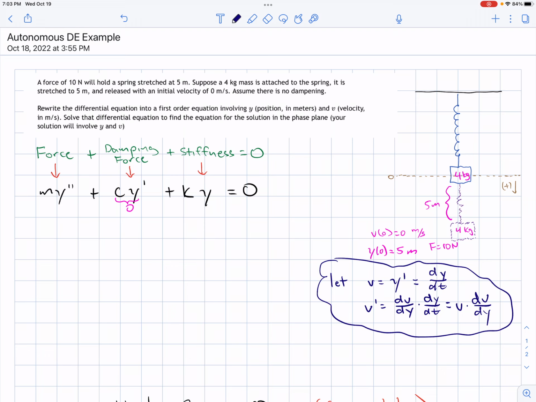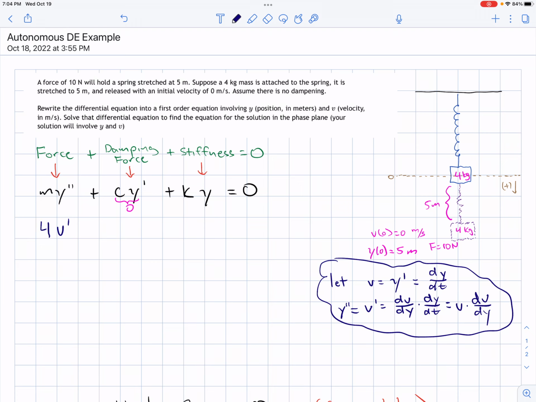Well, let's go back to our equation here and plug in a couple of things. My y double prime is v prime, right? Let me write that a little nicer. I could just write that as v prime right below. The mass is a 4 kilogram mass, so I can write that now.